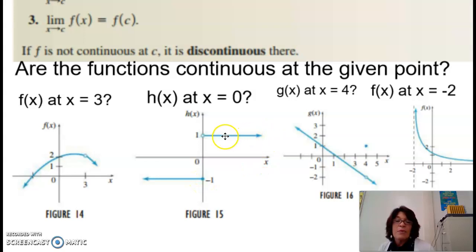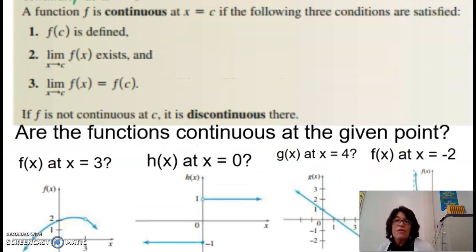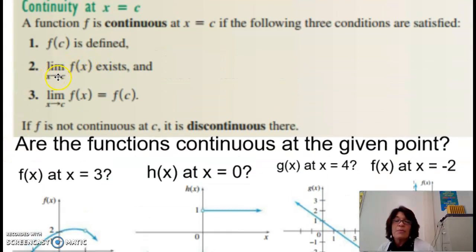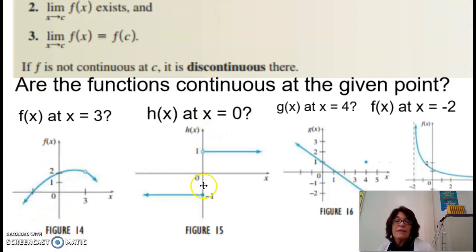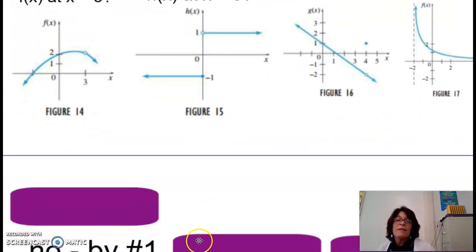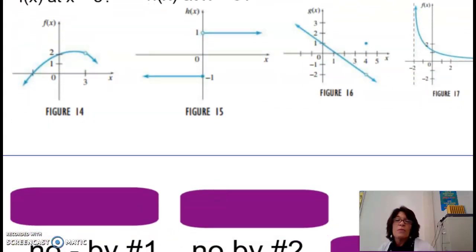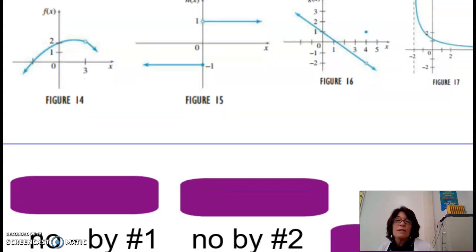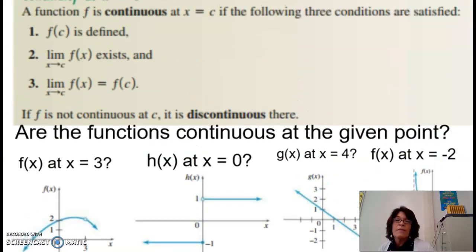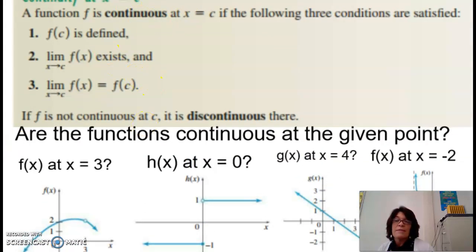The limit as I approach 0 from the right is 1. Therefore the limit as x approaches 0 of h of x does not exist. I have a functional value, but the limit doesn't exist. So the reason for this was no, by number 2. The limit didn't exist.